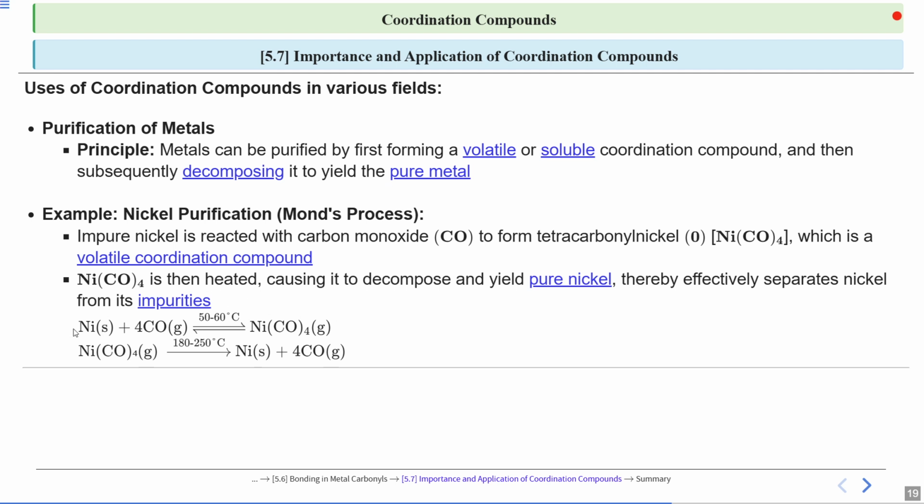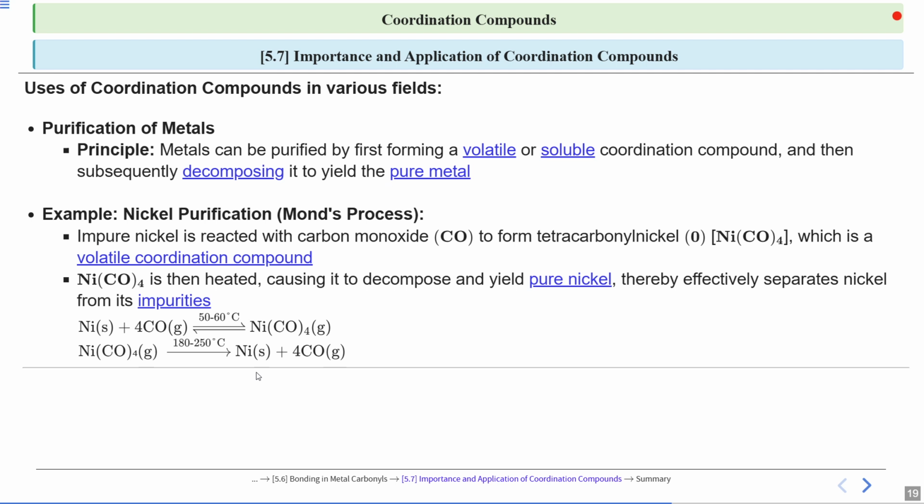In the reaction, impure nickel first reacts with carbon monoxide in the 50 to 60 degrees Celsius temperature range, forming this complex Ni(CO)4. Now for getting the pure nickel, we heat this Ni(CO)4 in the range of 180 to 250 degrees Celsius, and you get pure nickel plus 4 CO as a side product.